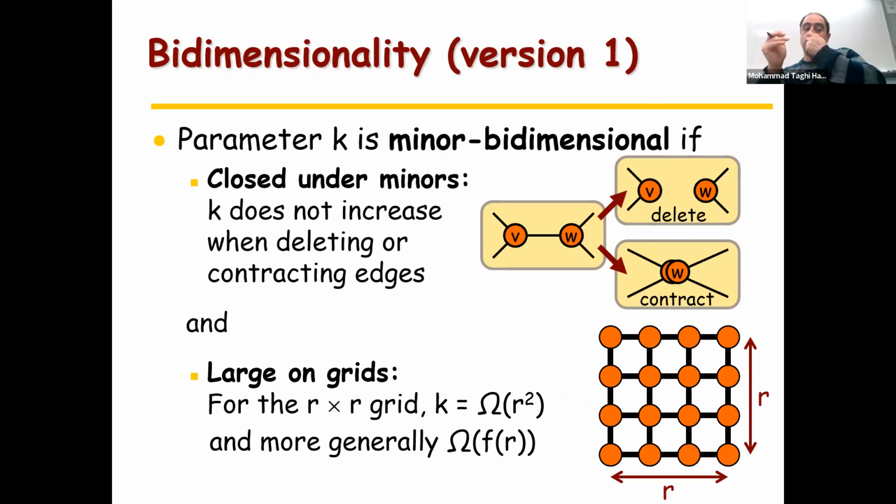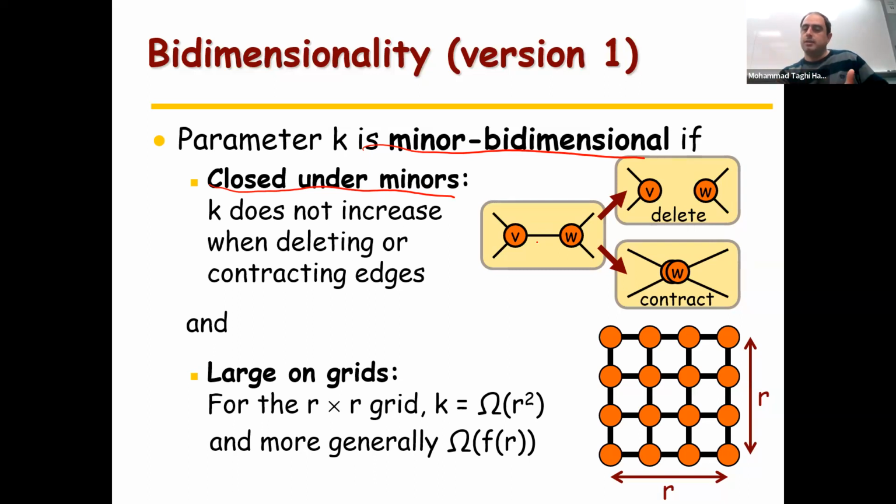We are talking about this kind of closed properties a lot. A parameter K is called minor bidimensional if it has two properties. It is minor and bidimensional. For the minor part, it should be closed under minors. It means that K does not increase when deleting or contracting edges.